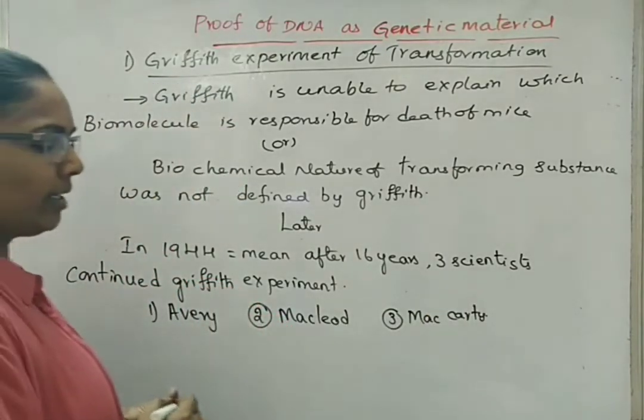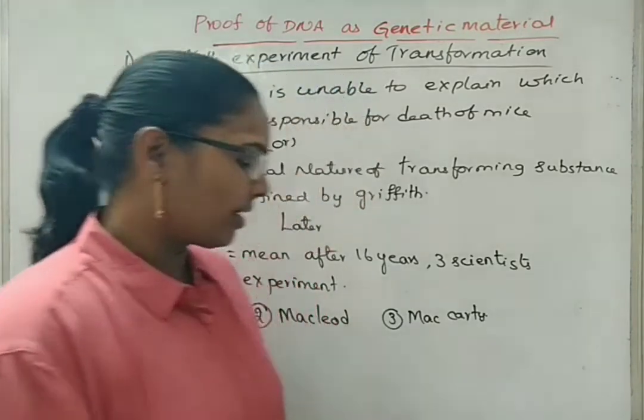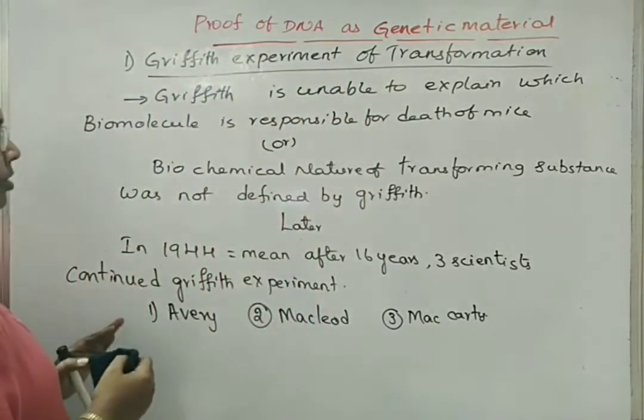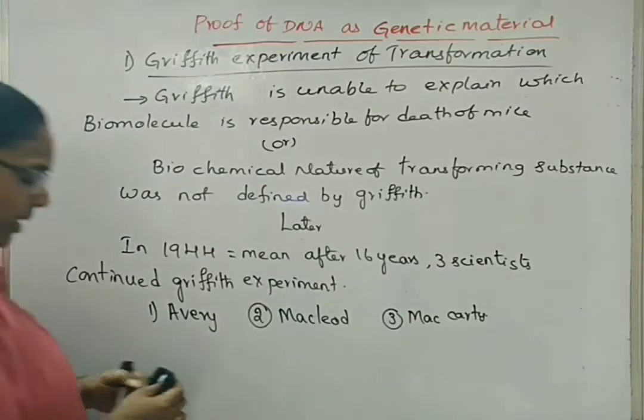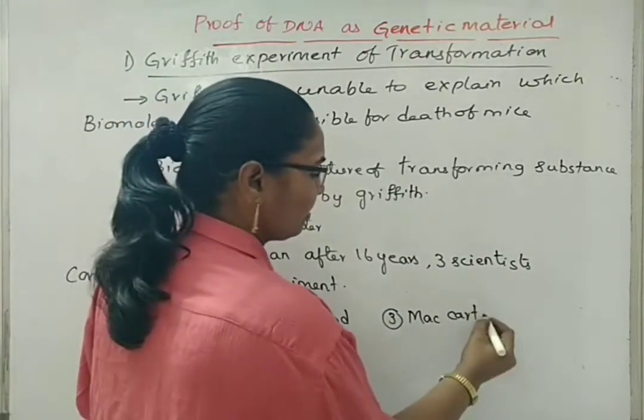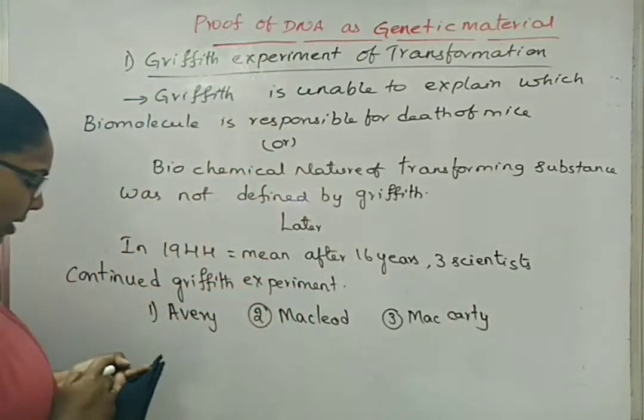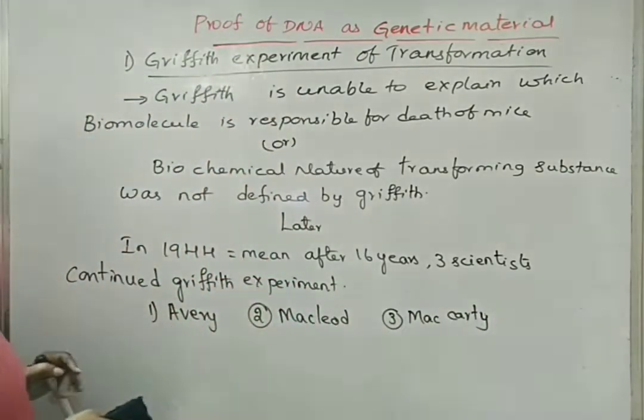They took smooth strain 3 and rough strain 2, but here the smooth strain 3 type is heat killed. So they directly took the mixed type of strains: the pathogenic one is heat killed, but the rough strain is alive.